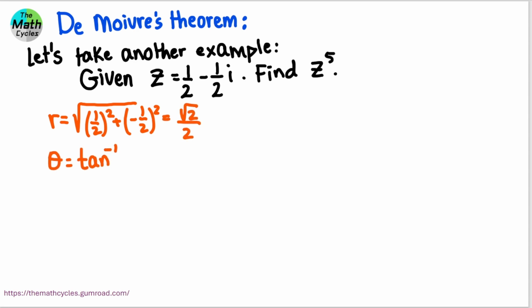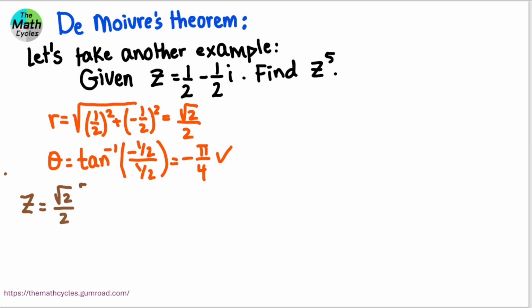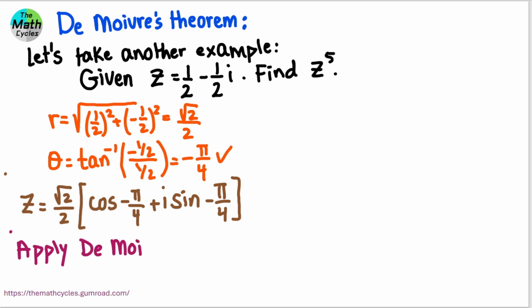Theta equals tan inverse of minus half over half, and this is equal to minus pi over 4. The angle is in the right quadrant. Now z equals radical 2 over 2 into cosine minus pi over 4 plus i sine minus pi over 4. This is the polar form. Now let's apply De Moivre's theorem to find z to the power of 5.